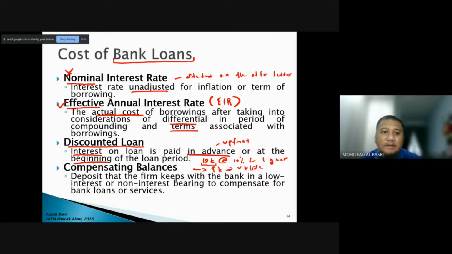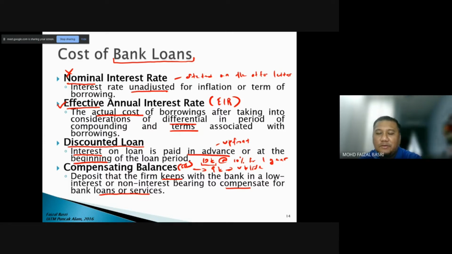That's number one. Number two, the second term that is usually associated with borrowings would be compensating balances, or sometimes in short we call them CB. Compensating balances. So this is a portion or an amount that the bank requires you to keep with the bank to compensate the charges in terms of the loans and services.